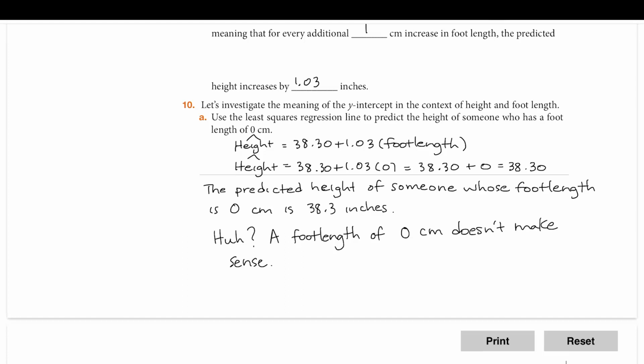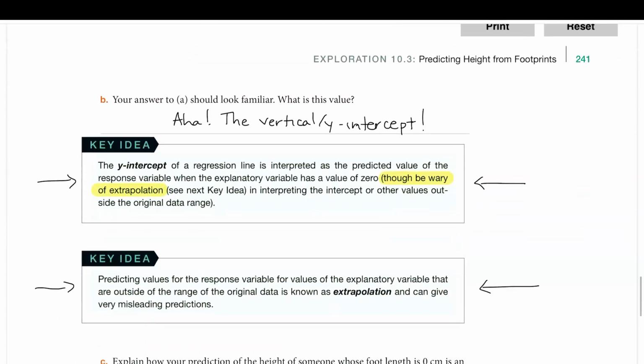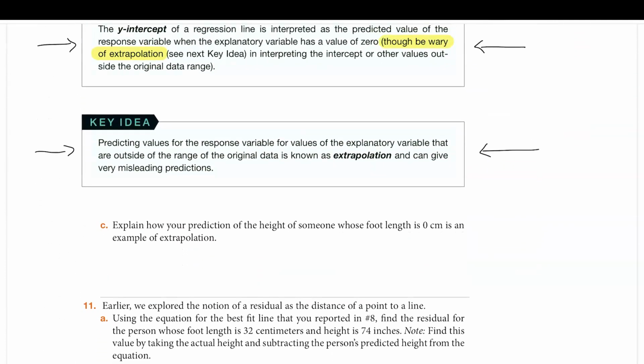We're not talking about a baby leaving a footprint at the scene of a crime. Second, even a baby when it's born has some positive foot length, not a foot length of 0. So to even calculate that doesn't really make any sense. They just wanted you to recognize the vertical intercept.